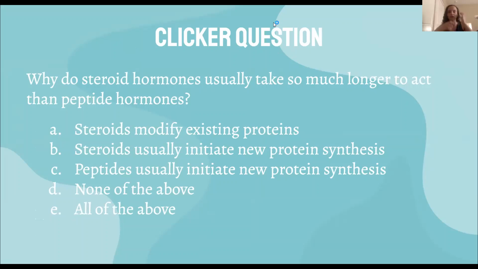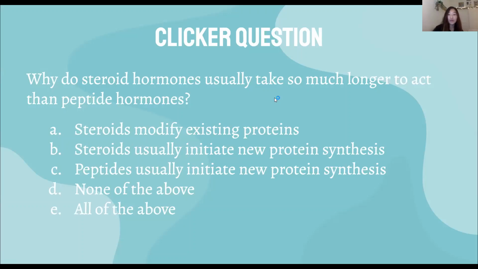Like if you guys remember, Dr. Azizi was talking about how they can enter the nucleus and make permanent alterations, right? So they're slower, but the effect is more prominent versus peptide hormones that are quicker, but the effect is not going to be as long lasting. All right, thank you, Monica.